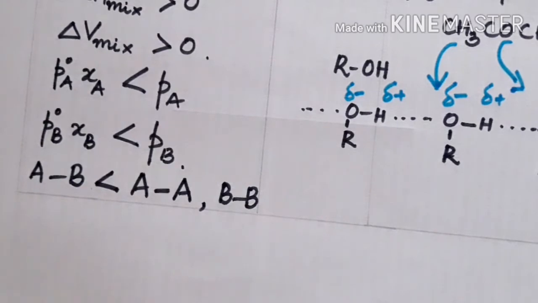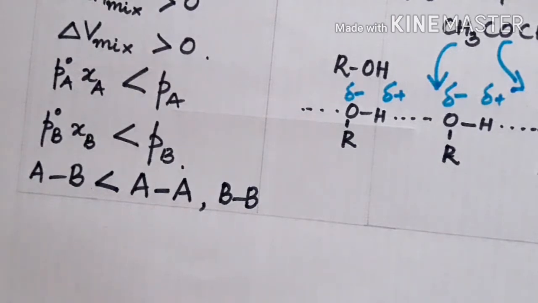Solutions which show positive deviation from Raoult's law are found to boil at a lower temperature, due to which such solutions will boil at a minimum boiling point, and such constantly boiling mixtures are known as minimum boiling point azeotropes.